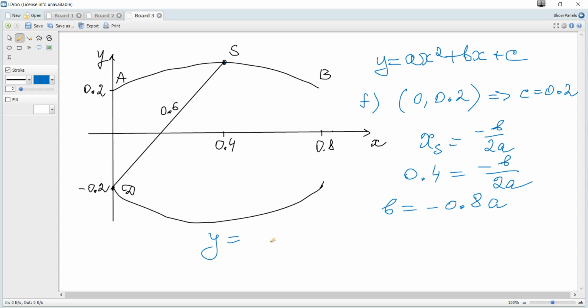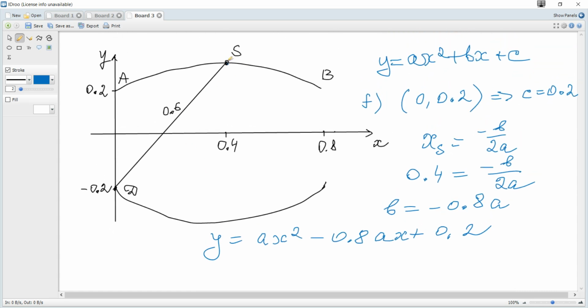So it becomes ax squared minus 0.8ax plus 0.2.